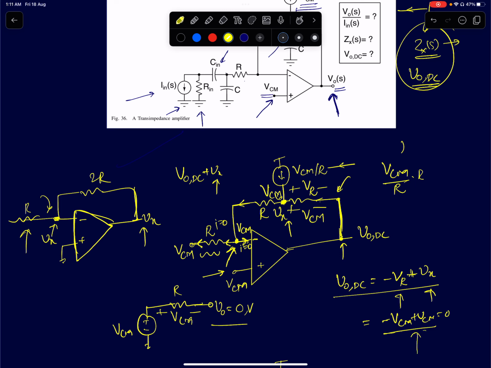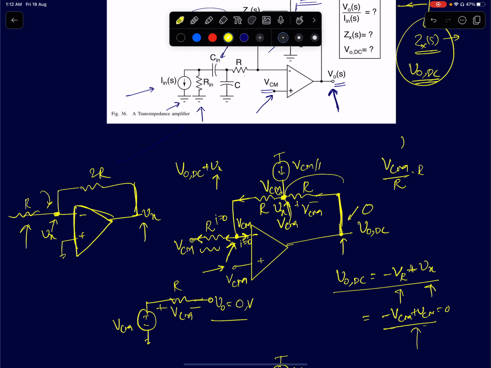Or you don't have to do the analysis. If you have analyzed a sufficient number of circuits, you can directly see that if this node voltage is at VCM and you're dropping VCM across the resistor, then this output voltage comes to 0, right? So that's what I've drawn here. I've just cut this portion of the circuit and showed it here.